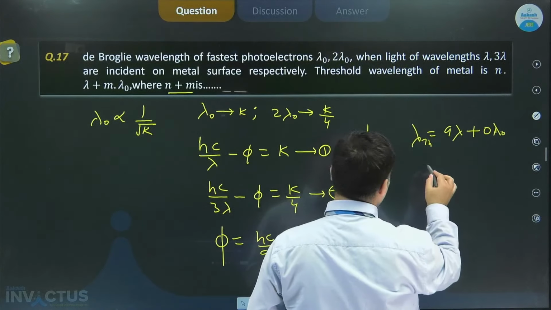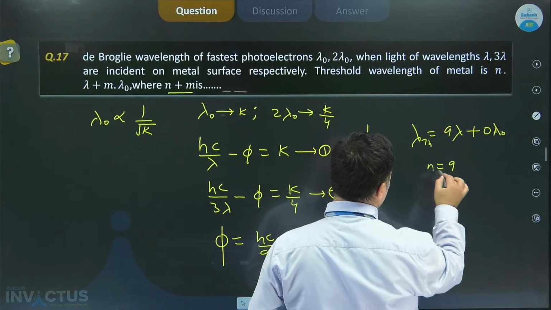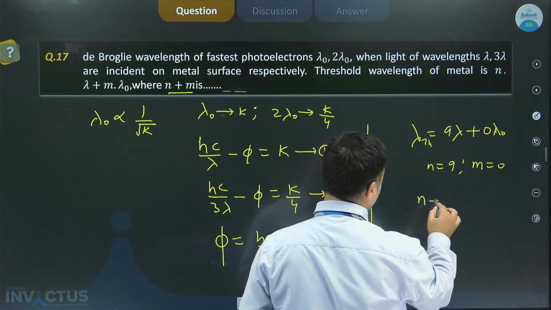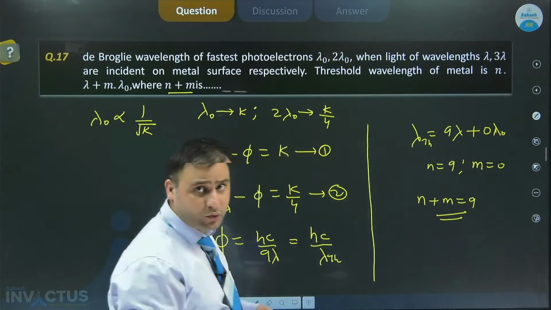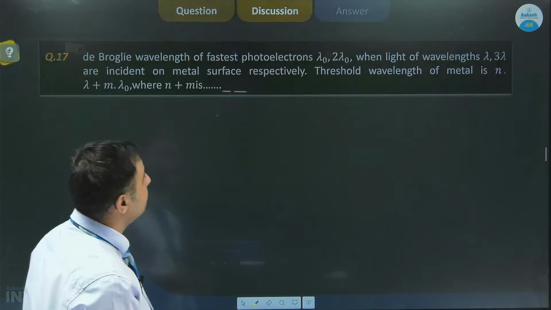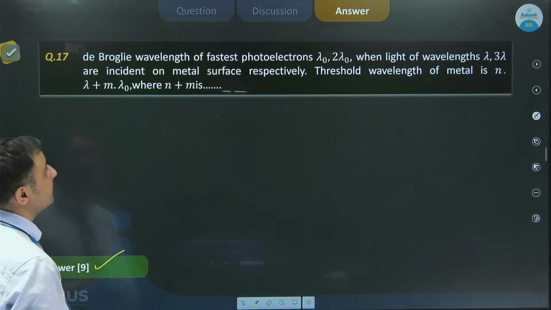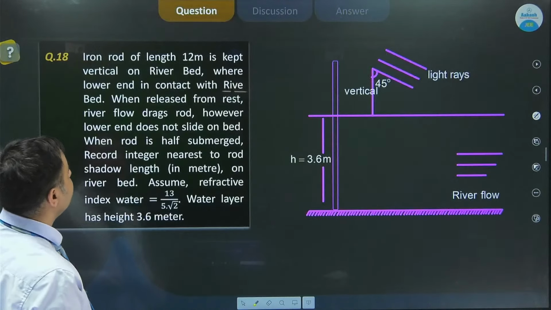On comparing, n comes out to be 9, whereas m comes out to be 0. So the sum n plus m will be equal to 9. Let's check the answer. n plus m equal to 9 is the correct answer. Now let's move to the next question.